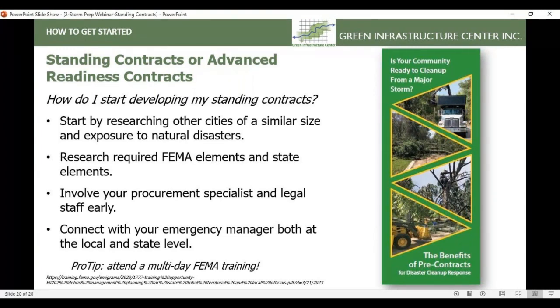The other thing I would suggest is, when you're looking for model specifications to use to develop your own, do a little research and find out if an entity that has gone through a storm before has issued new specifications since having gone through that storm.